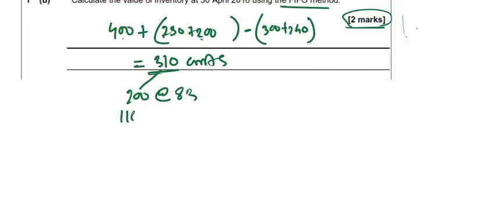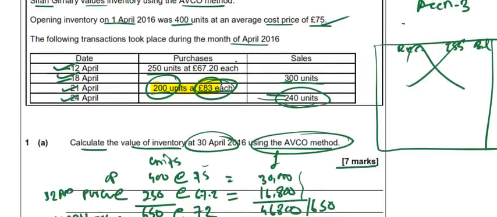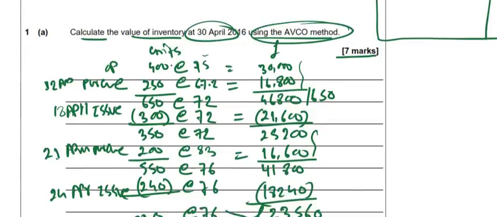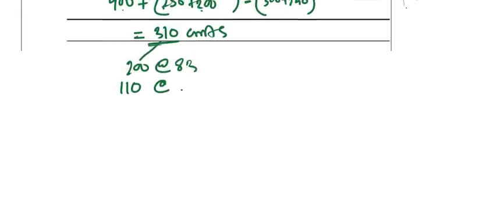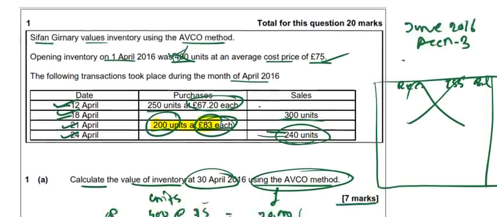How many left? 110. So 110 should have been valued at 67.2. What happened with this 400 is all been issued, sold. And of this 250, most of it sold, but 110 is still there, and we will value it at 67.2.